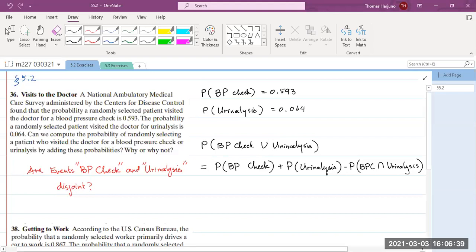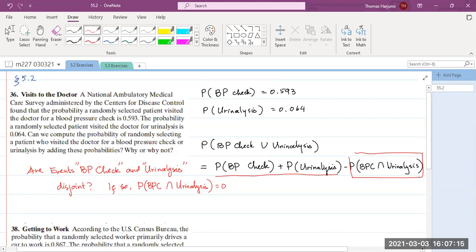If they are disjoint, which is not true, then the probability of the intersection will be 0, right? And then the probability of the union, you can just add the probabilities, if they are disjoint.